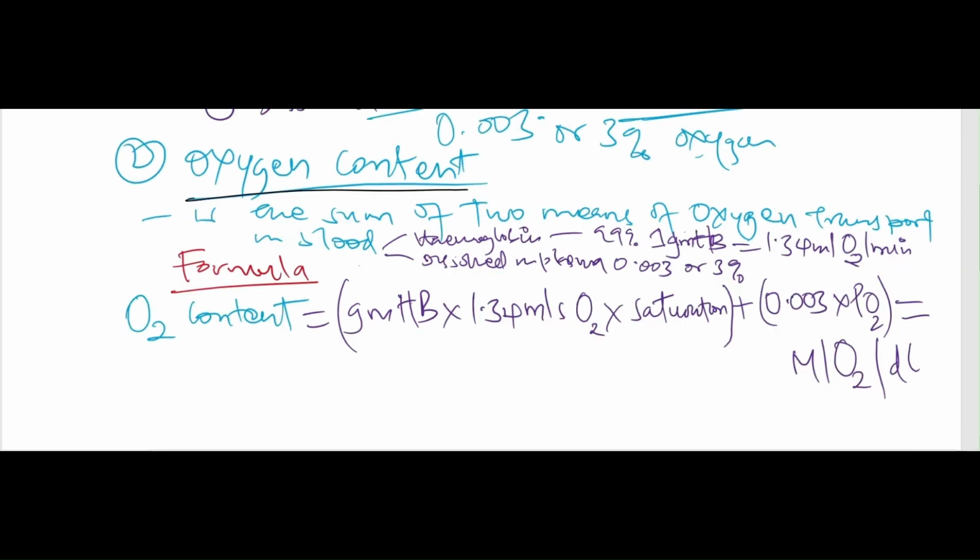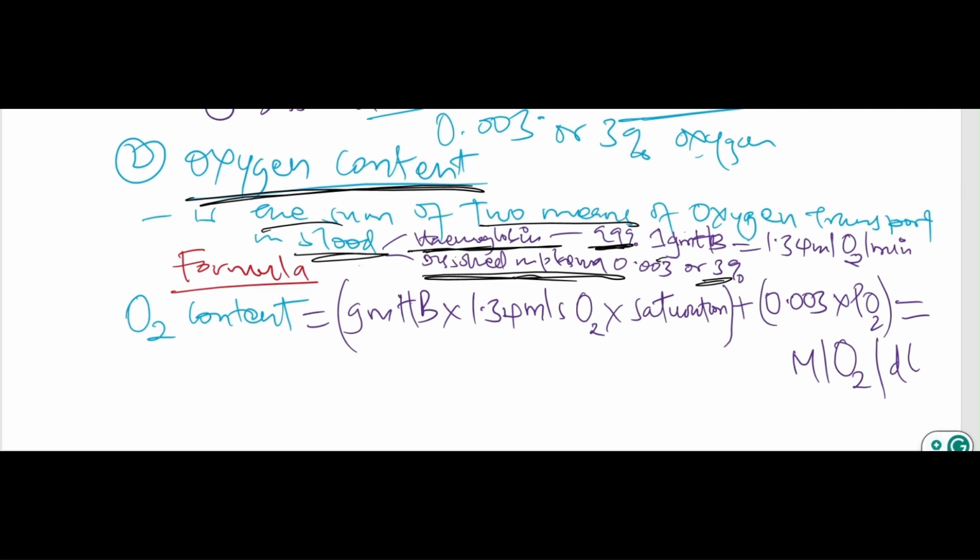So now let's look at oxygen content, which refers to the sum of the 2 means of oxygen transportation in blood. Oxygen content is the amount of oxygen present in these 2 means of transportation, that is, oxygen in hemoglobin and oxygen dissolved in plasma. This makes up oxygen content. Usually most of the oxygen content is attached to hemoglobin, while only 3% is dissolved in plasma.